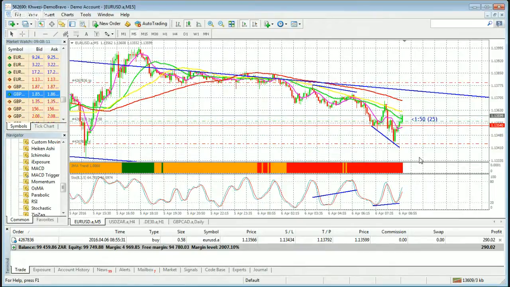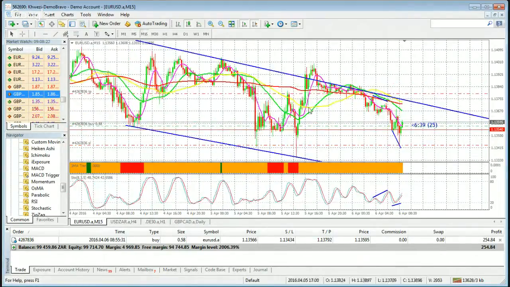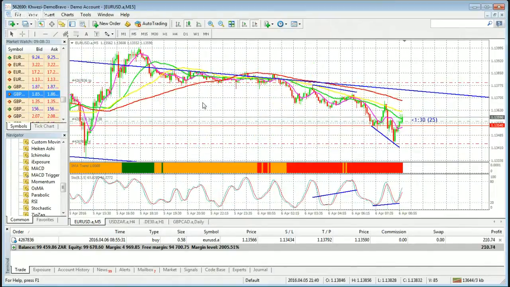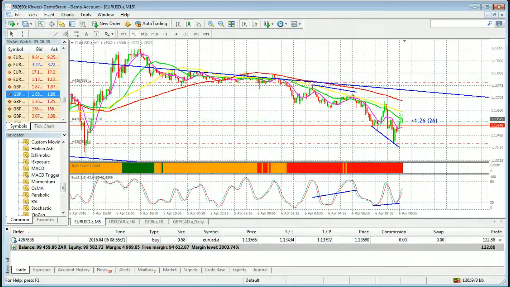So yeah, let's just hope this pushes further. Going good so far. Needs a bit more time, I think. And that still looks good as well. Okay, right, so it's pulling down again there.